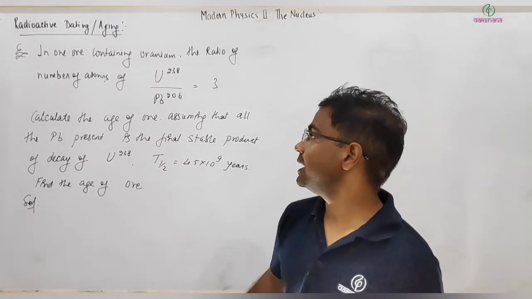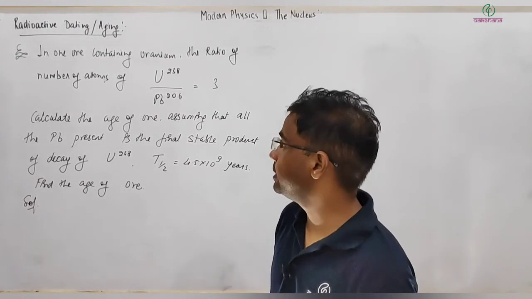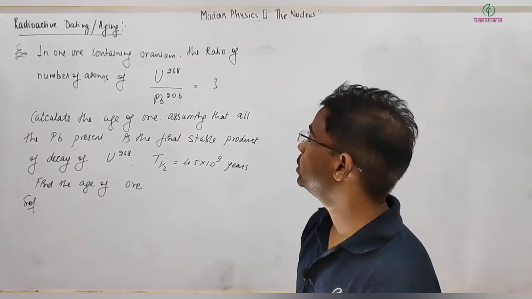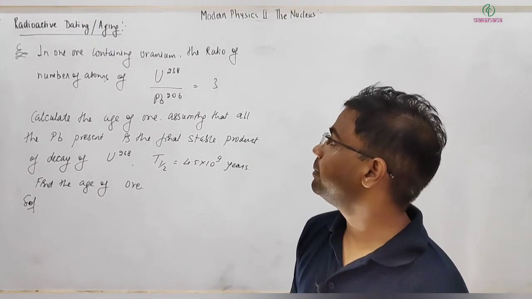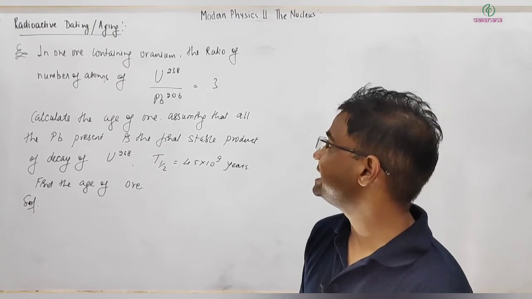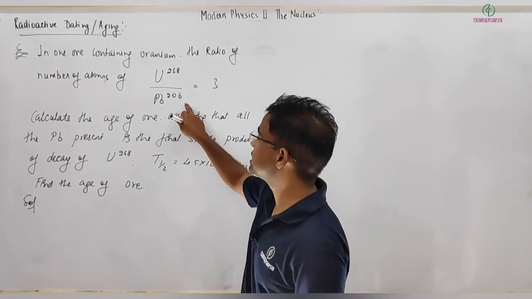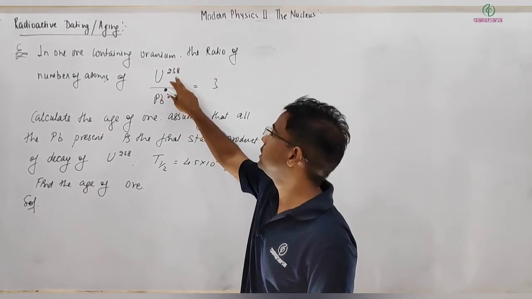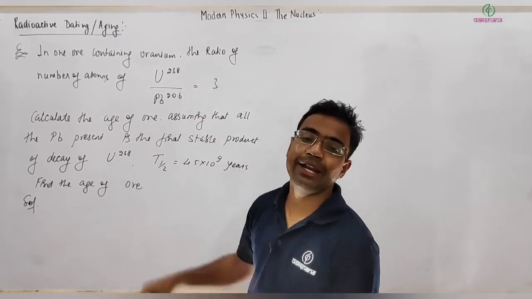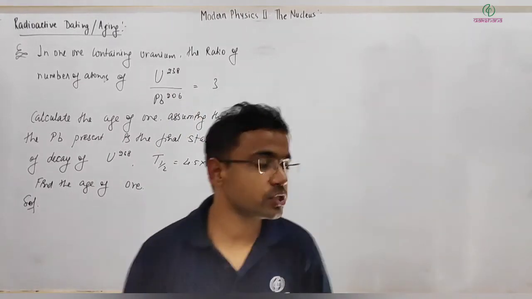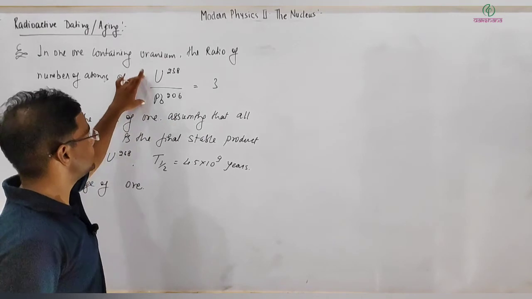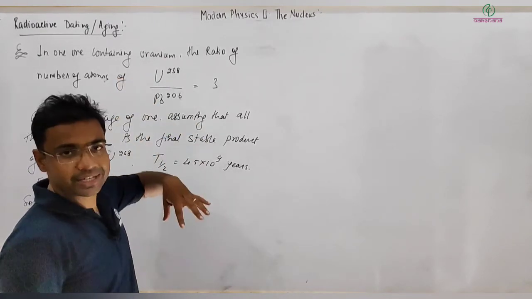So in the same way, in this problem we are given an ore containing uranium, and the ratio of the number of atoms of uranium 238 and lead 206, because uranium 238 finally gets converted into lead 206, right? So this ratio is present in the ore right now when it is measured.